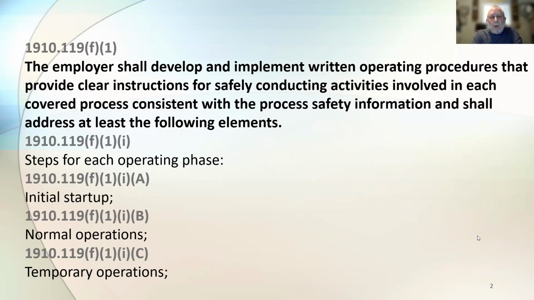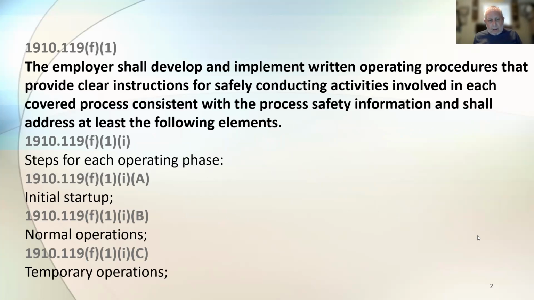All right. Employers shall develop and implement written operating procedures that provide clear instructions for safely conducting activities involved in each covered process, consistent with the process safety information, which we already covered, and shall address at least the following elements: steps for each operating phase.